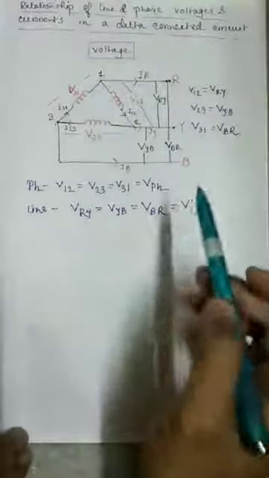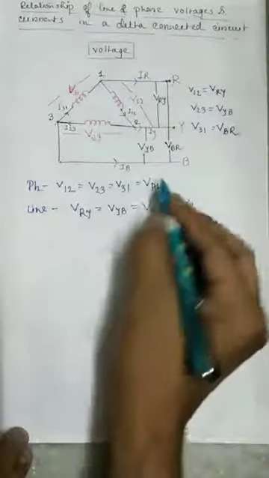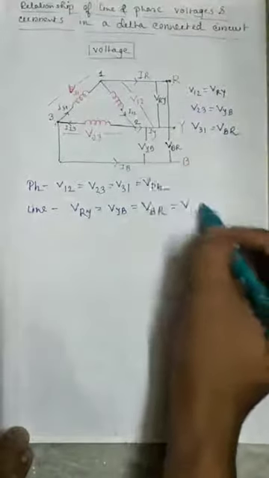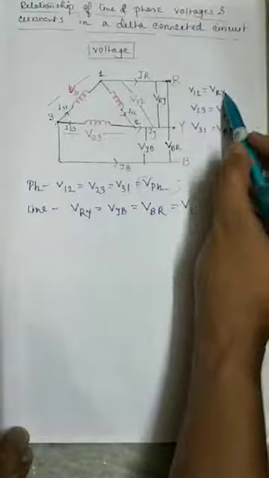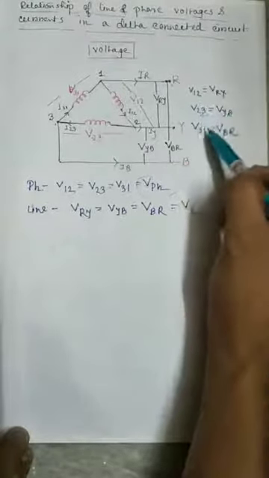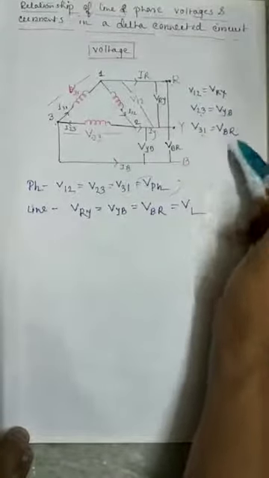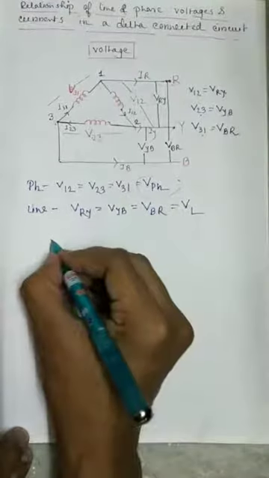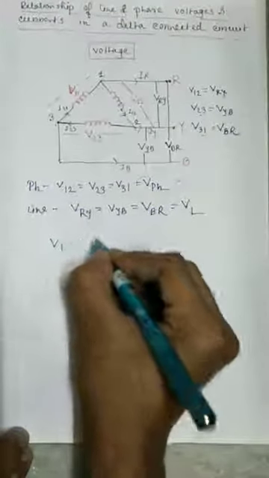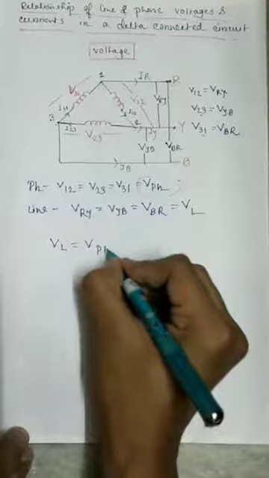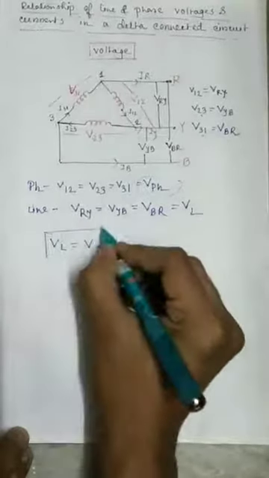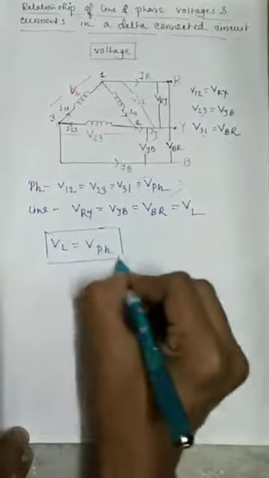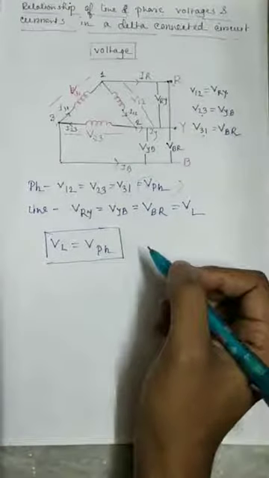Hence, in delta connection, we prove that V phase equals V line, because V12 equals VRY, V23 equals VYB, V31 equals VBR, since this is a balanced circuit. So VL equals V phase. So in delta connection, line voltage equals phase voltage.